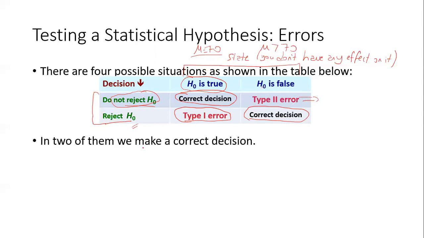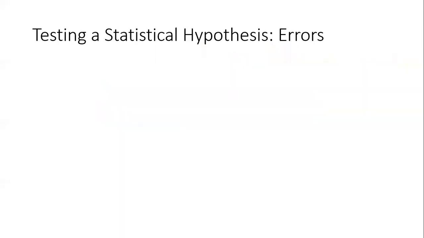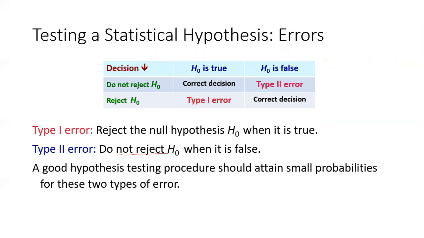So what is type 1 error? Type 1 error is rejecting the null hypothesis H0 when it is true. That's the error. Type 2 error is not rejecting it when it is false. So there are 2 types of errors.